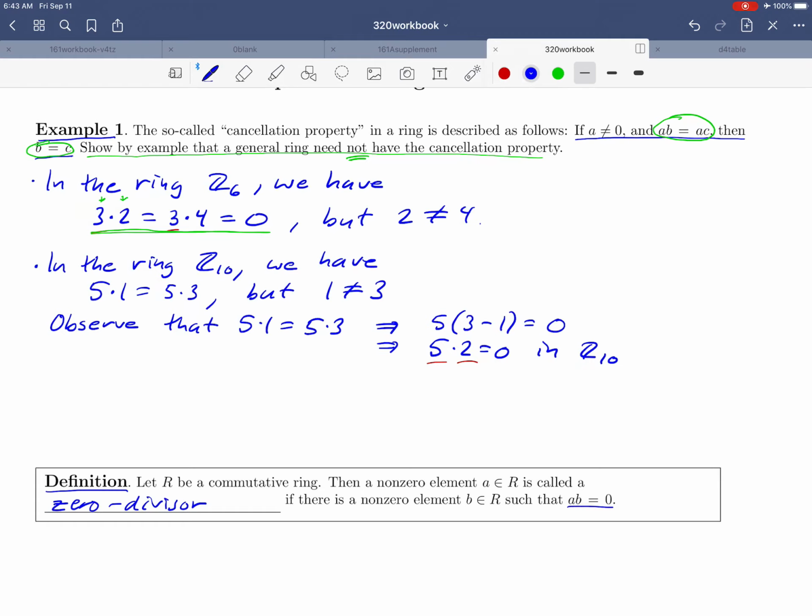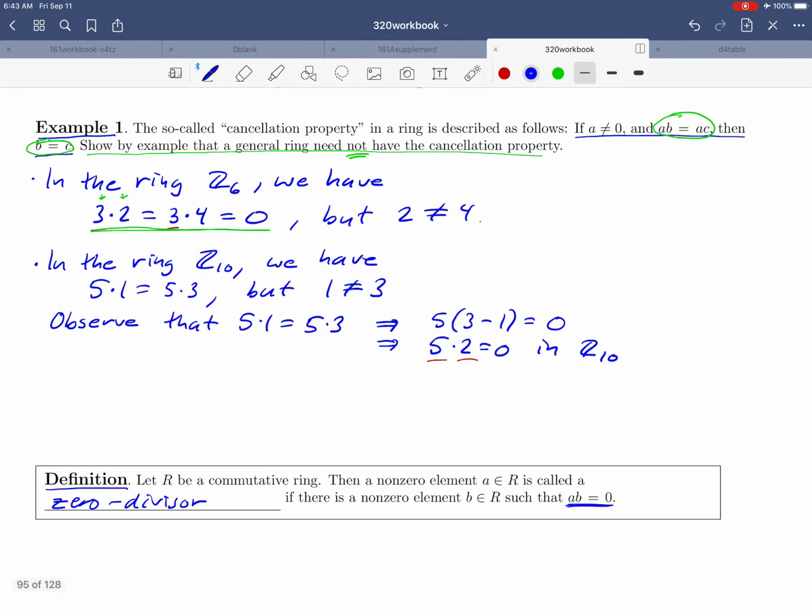This is kind of a strange definition, so let me rephrase it. A and B are zero divisors in a ring if they're non-zero elements that you can multiply together to get 0.